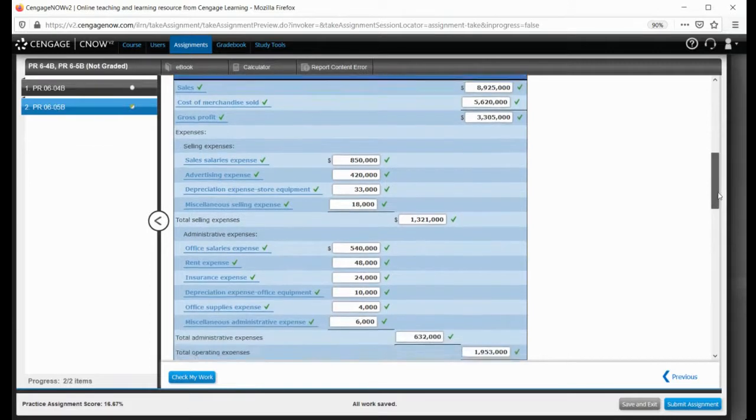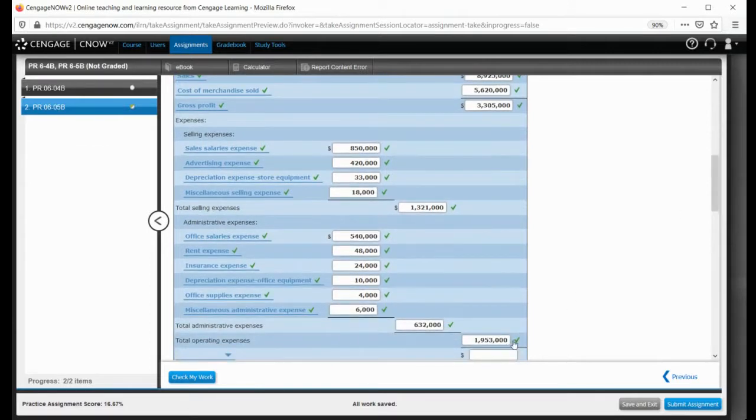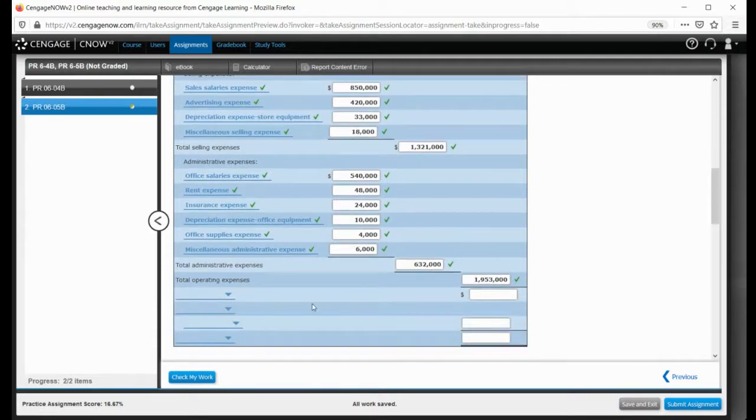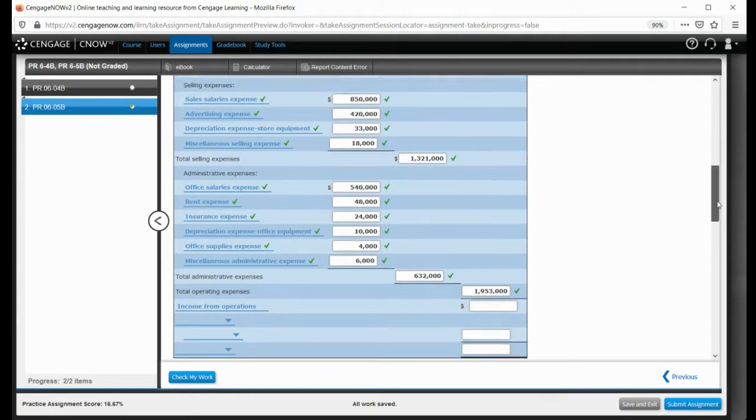So we'll want to deduct the total of our operating expenses from the gross profit, and that will give us a subtotal that we call income from operations. This is a title here.